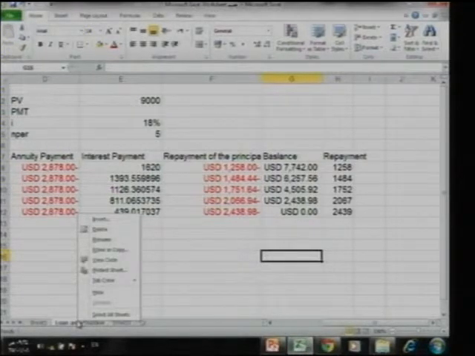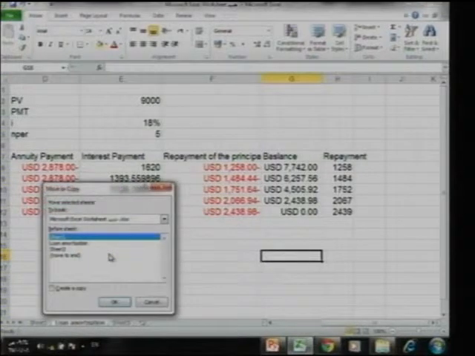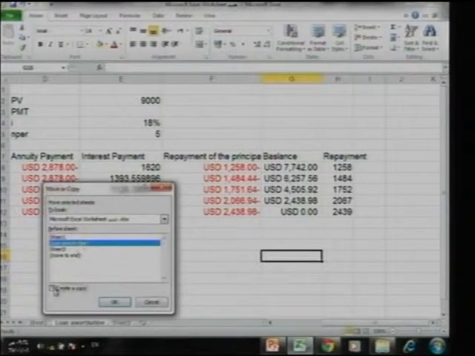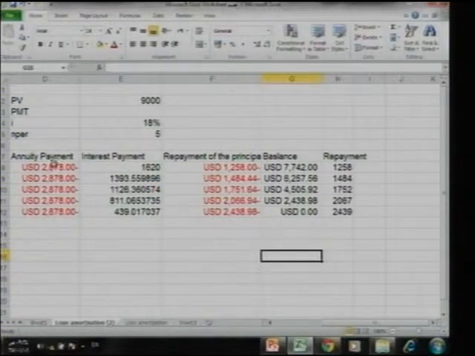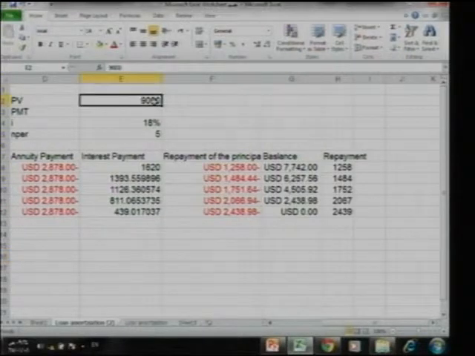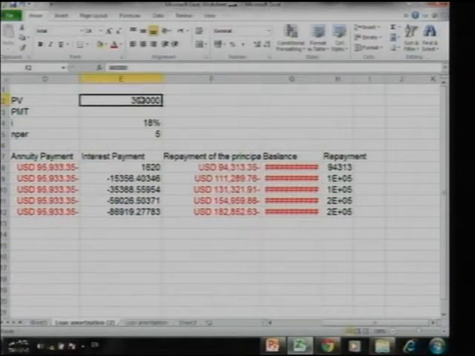We'll take a copy of the loan amortization, okay? And the present value is 300,000. Okay, and the payments, we don't know the payments.